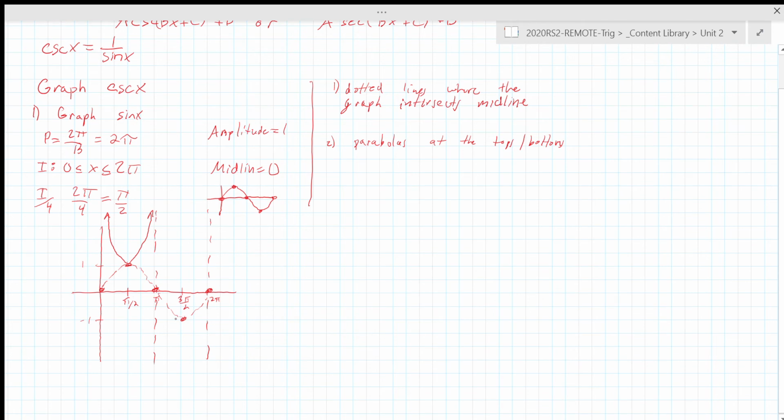And then down here, it'll go down towards those asymptotes. So the graph of the cosecant function is just those parabola-looking parts. All those dotted lines are just to help us graph cosecant. So really the only hard part for graphing cosecant, or secant for that matter, is graphing the sine or cosine that's associated with it.